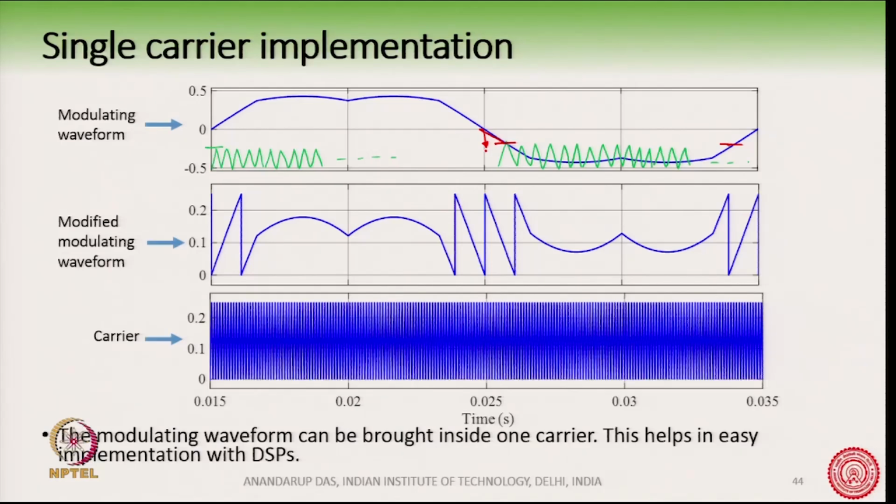Ideally, it would have been done by the second carrier, but since I do not have the second carrier, I am bringing the modulating waveform inside the green carrier, which I have shown here. So, there is one shift, and that is why this waveform goes like this, which is shown here.